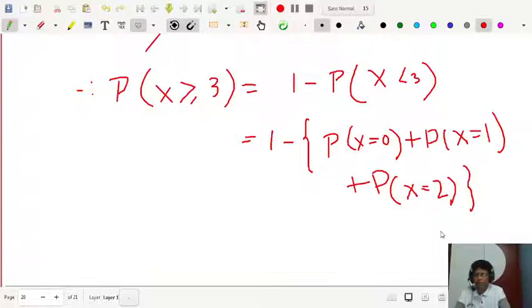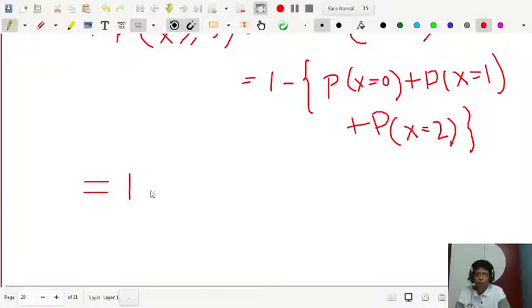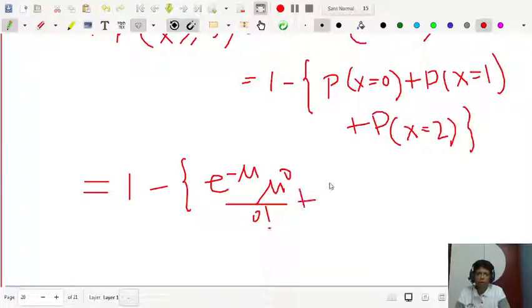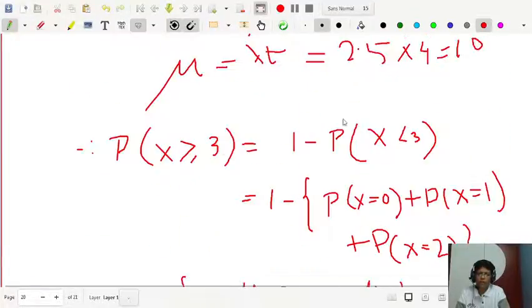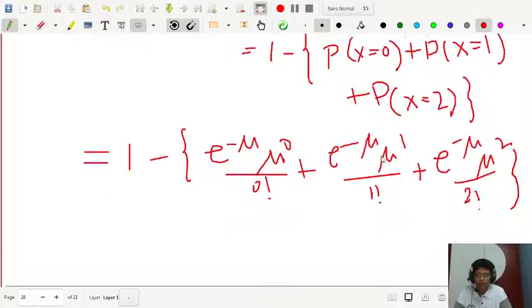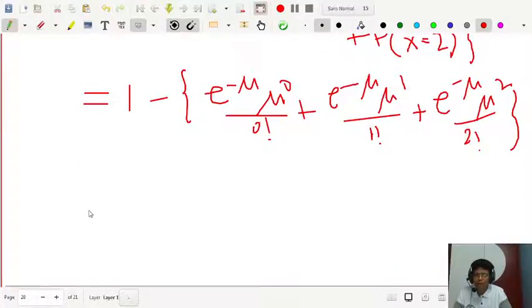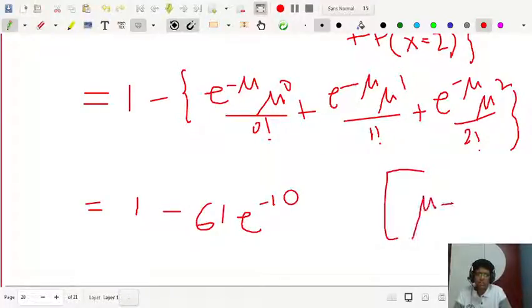And that is equal to 1 minus e to the power minus mu into mu to the power 0 by factorial 0, plus e to the power minus mu into mu to the power 1 by factorial 1, plus e to the power minus mu into mu square by factorial 2. Because it's better to always use the complementary part. So you can simplify, and you can see the result will be 1 minus 61 e to the power minus 10, because your mu is 10, already calculated.